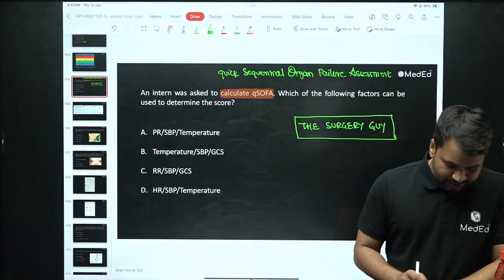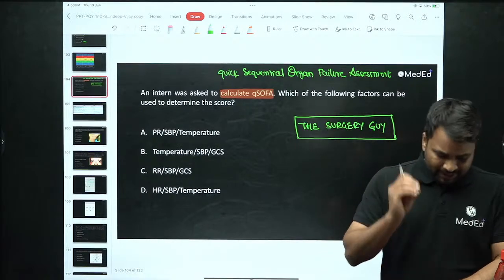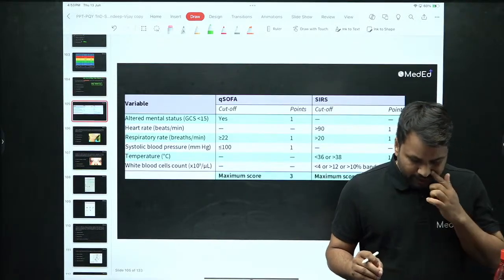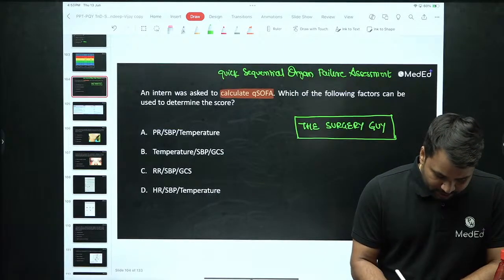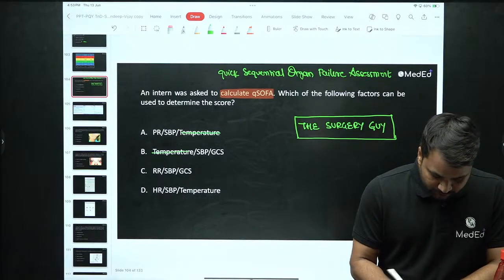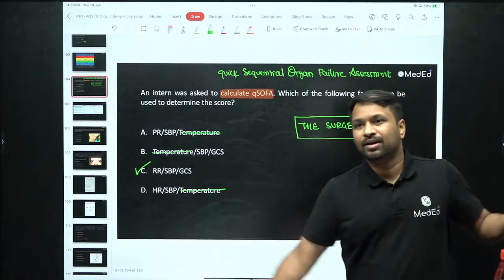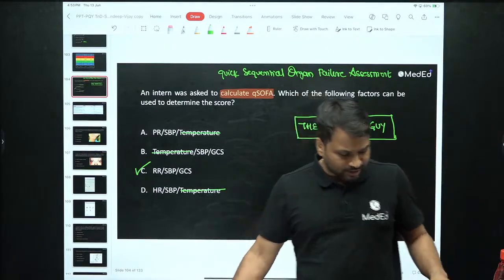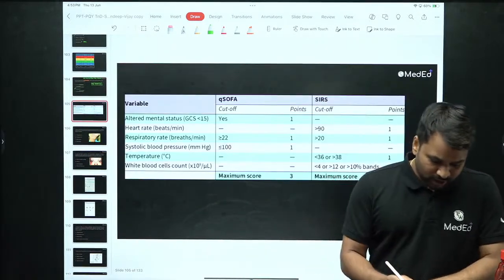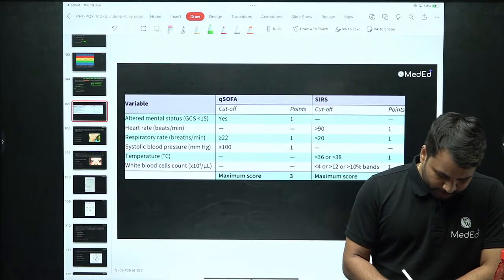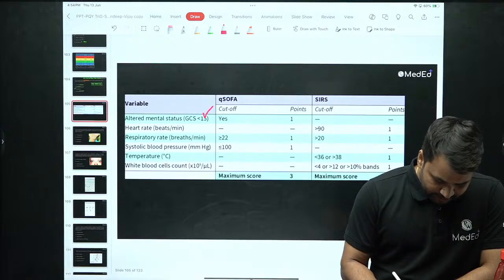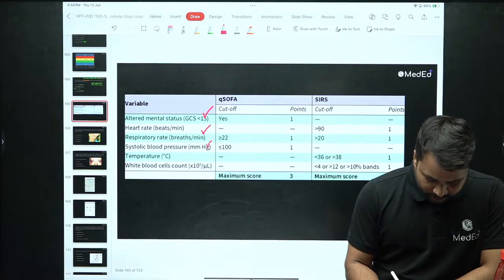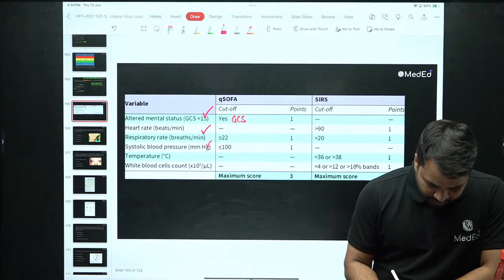Now, what are the components that you are going to remember in qSOFA? Easiest way to remember is, in qSOFA there is no temperature. So wherever there is temperature, this cannot be the answer. Answer is C for Calcutta. As simple as that. Remember, qSOFA does not consist of temperature. So what does it consist of? qSOFA consists of 3 points: the GCS, that is mental status, respiratory rate and the systolic blood pressure.